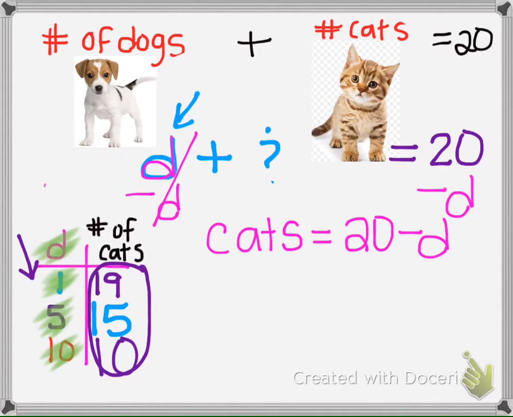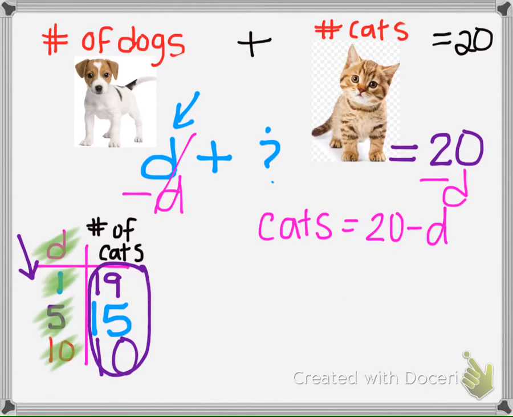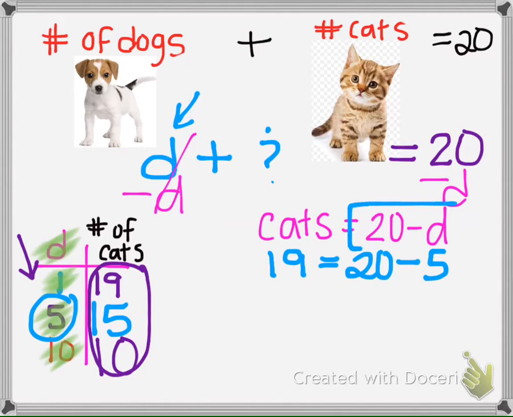If we take these numbers here, so if we take 1, and we do 20 minus 1 dog, that's 19 cats. So if there were 5 dogs, if we put 5 here, 20 total pets minus the 5 dogs would equate to 15 cats. So this expression right here, if you plugged in the number of dogs for D, you're going to get how many cats.